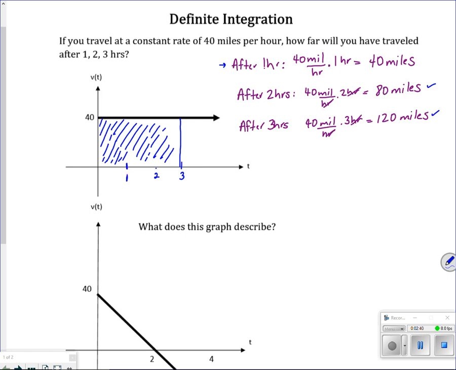So notice that the velocity is all positive here.